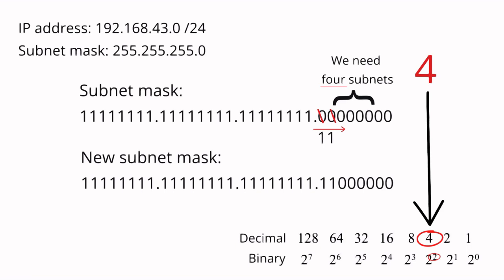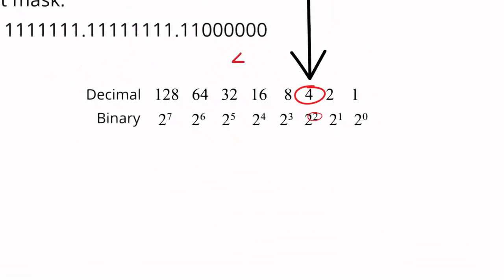But if we were using a big corporation as an example, and let's say they divided their network into 22 different departments, then we would need to borrow more bits, 22 bits to be exact. By looking at our chart, we see 22 falls between 16 and 32.